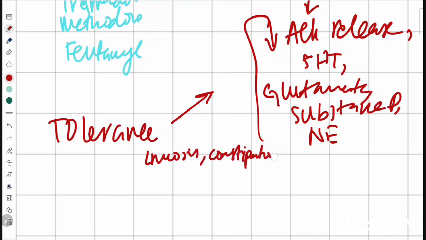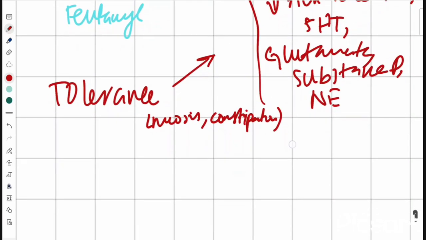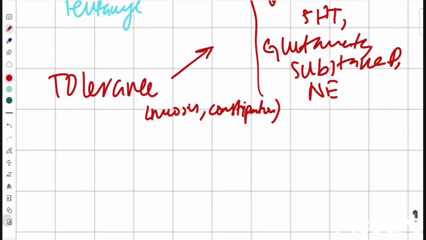All the other effects, like the pain, the serotonin release and ACH release, the patient will develop tolerance to those, but there will be no tolerance for miosis and constipation, and that is slowly going to convert into addiction, right?